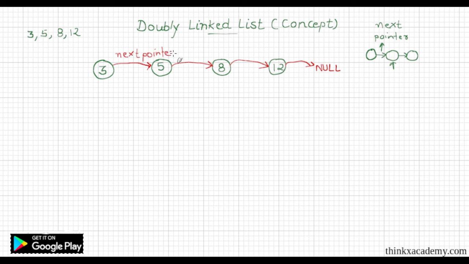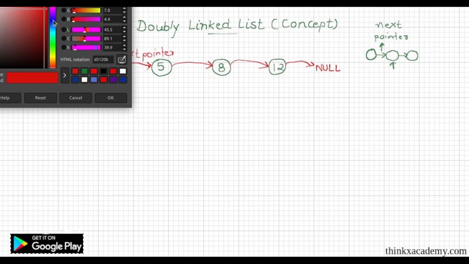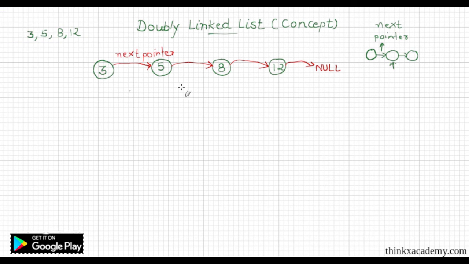The advancement in a doubly linked list is that now we are going to maintain another pointer, which is known as the previous pointer. The previous pointer points to the previous element of the doubly linked list. We are maintaining two pointers: one is the next pointer and the other is the previous pointer.